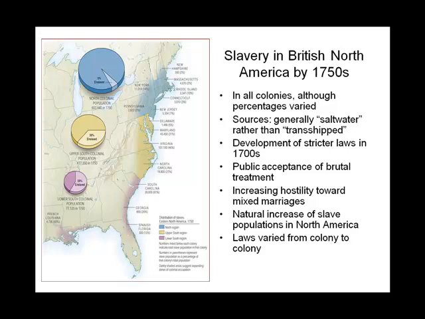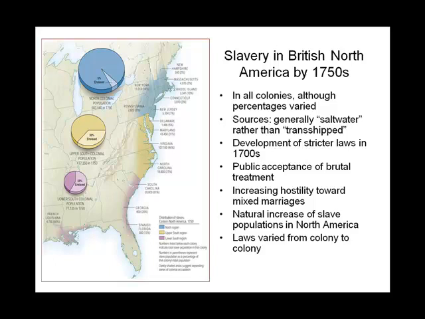Colonies began to develop stricter laws in the 1700s in relation to slavery. There was more of a public acceptance of brutal treatment in the colonies as a way of suppressing or controlling the slave population. There was increased hostility toward mixed marriages, so if you think back to the videotape describing the situation of Anthony Johnson and his family, there were fewer possibilities for slaves to interact with indentured servants, and less acceptance of the idea of mixed marriages between Africans and Europeans.